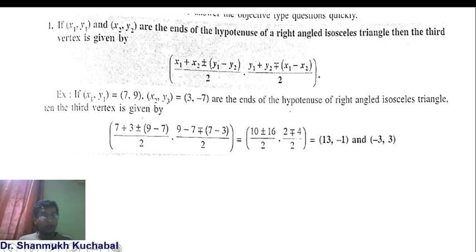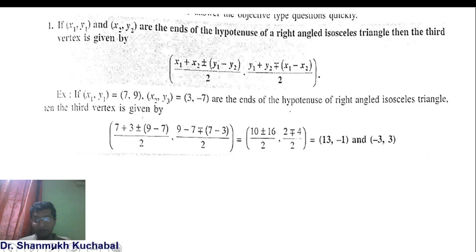Then the third vertex is x1 plus x2 plus or minus y1 minus y2, divided by 2. For the other coordinate, I replace x by y: y1 plus y2, with minus or plus, and y is replaced by x: x1 minus x2, here also divided by 2.